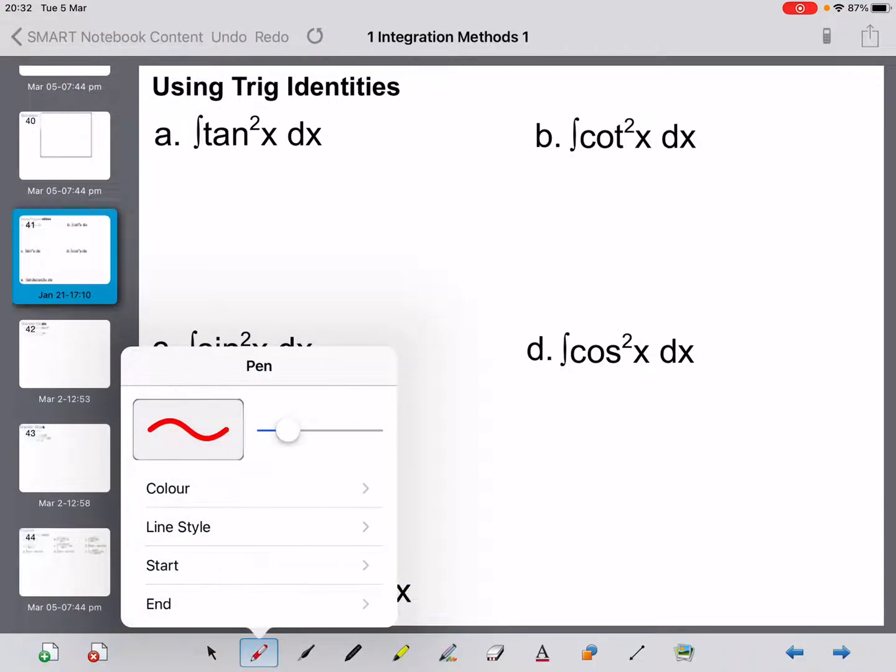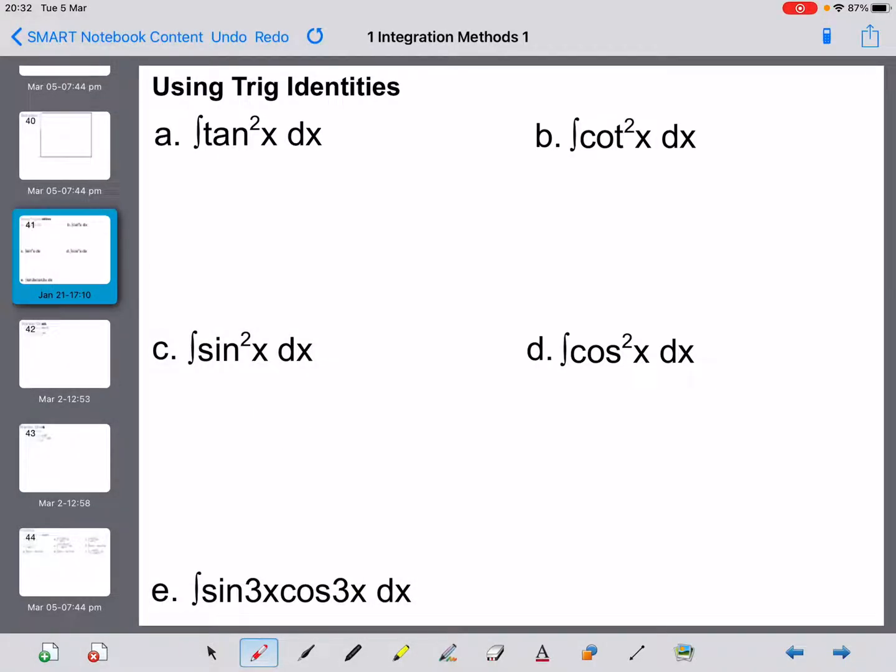I'm hoping you're thinking of sec squared. We know the integral of sec squared is in the formula booklet. So if we consider using the identity tan squared x plus 1 equals sec squared x, that's the identity that we need to use.